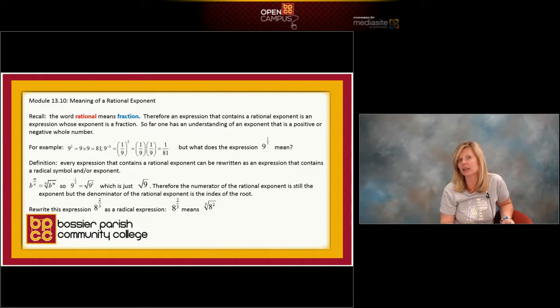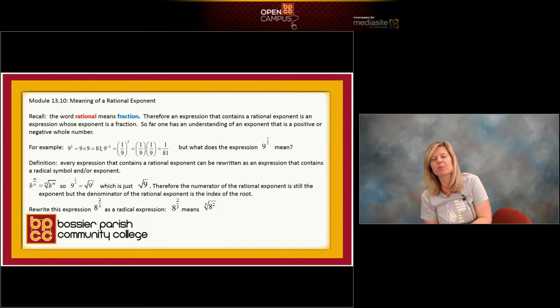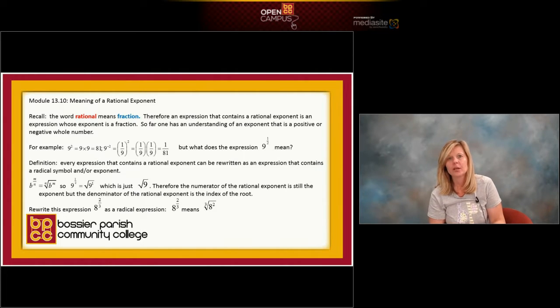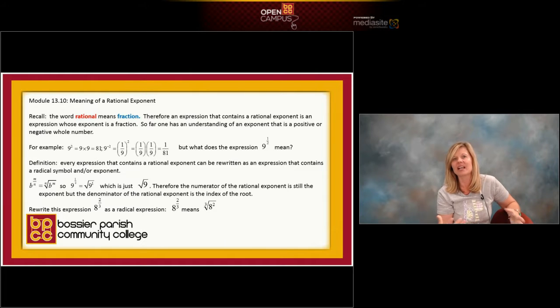We've also already learned how to deal with an exponent that's negative. So if we look at our next expression, we have 9 to the negative 2 exponent. So we know our base is still 9, but now our exponent is a whole number, but it's negative. It's negative 2, so it's an integer. But we've already dealt with this. We have learned that you cannot have a negative exponent because it doesn't make sense.